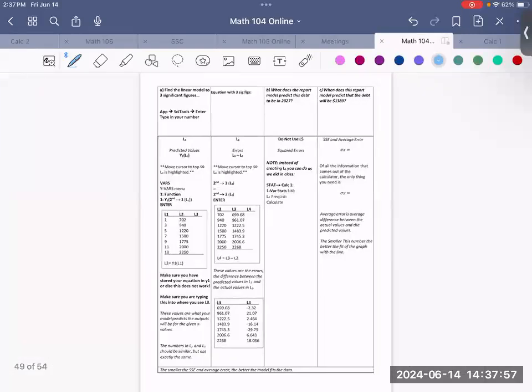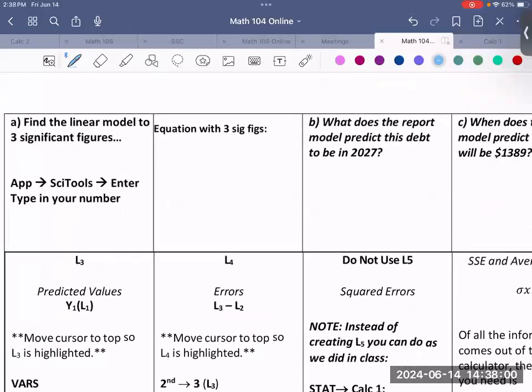So on your next page, it does ask you this right here, 2027. When X is 17, that's the year 2027. And now we want to find your Y value. So go ahead and pause the video.